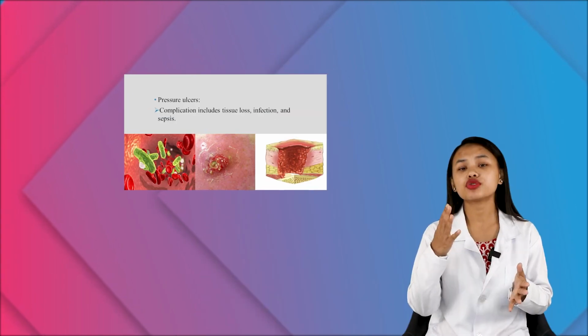So here, once a person is at risk or is developing the formation of this pressure ulcer, immediate treatment and care must be provided in order to prevent further complications.